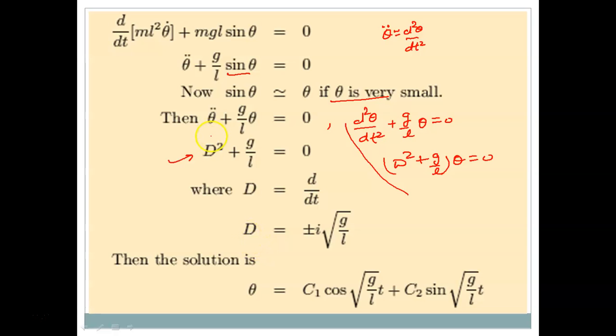That is how you have obtained the solution of this equation, which gives you the value of theta, the generalized coordinate. So this gives you the equation of motion. Based on certain conditions, these constants can also be evaluated, but here you can leave it at this place. It gives you the equation of motion for the simple pendulum.